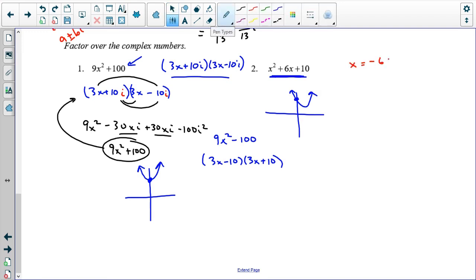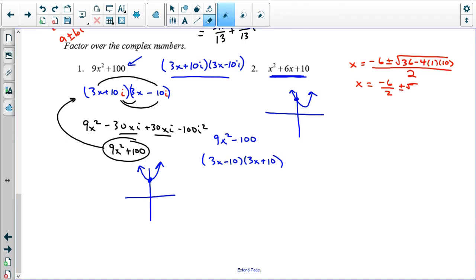So x equals negative 6 plus or minus the square root of 36 minus 4 times 1 times 10 all over 2 times a, so all over 2. So x equals negative 6 over 2 plus or minus the square root of negative 4 over 2, since 36 minus 40 is negative 4.